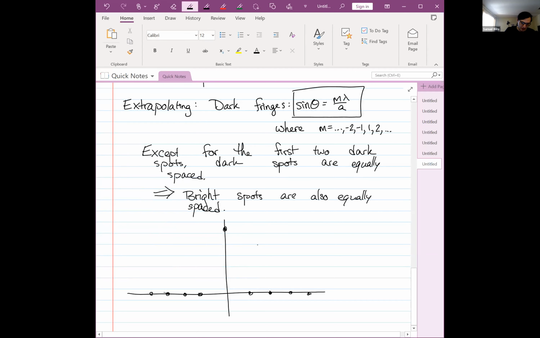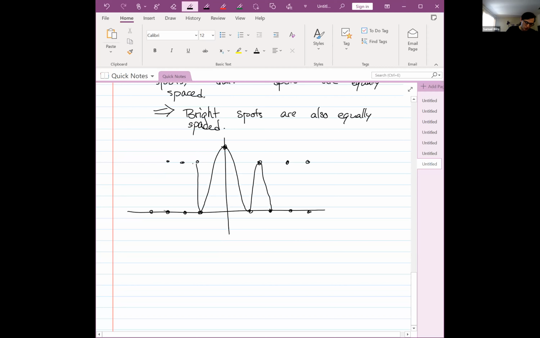So that means that the bright spots, however bright they are, are going to be equally spaced, and they have some particular width, except the central one is much wider, right? Just because if we follow the pattern, then there should be a dark spot in the middle, but there isn't. So the middle is an exception.